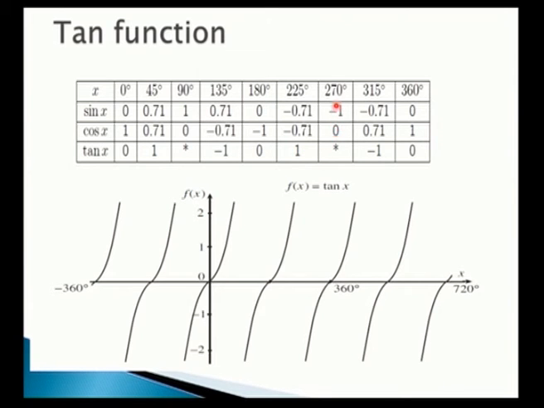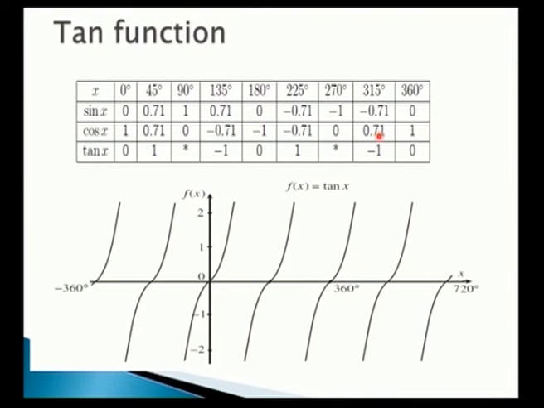Then if you go to 270, the tan value is again infinite, undefined, that means minus 1 by 0. Then for 315 degree sine value is minus 0.71, then cos value is 0.71, then tan value becomes minus 1.